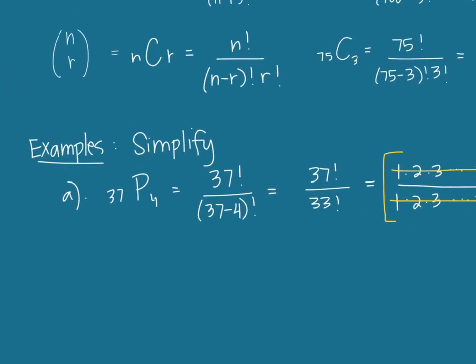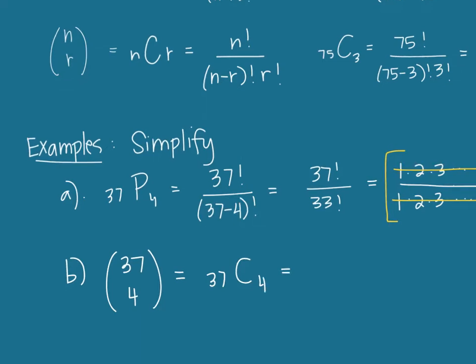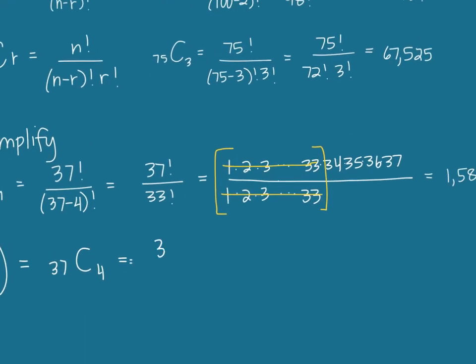A second example might be something like this. 37 over 4 this way, which means 37C4. And that formula is 37 factorial over 37 minus 4 factorial, and also 4 factorial.